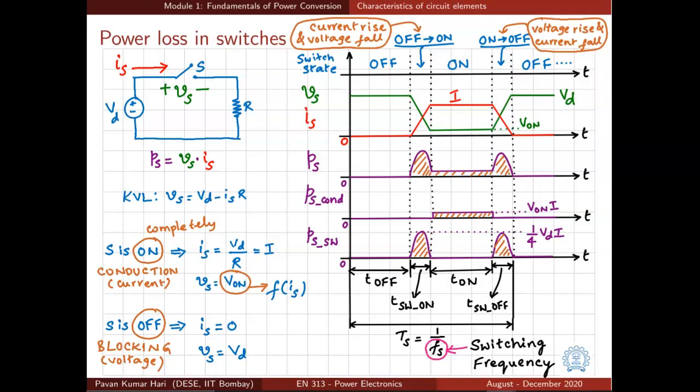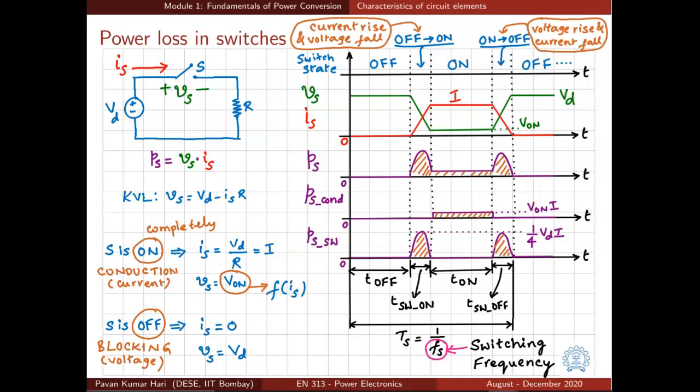Now if we look at the power waveform, which is a product of voltage and current waveform, it looks like this first purple color waveform shown here, Ps, which is the product of Vs times Is. We are multiplying two straight lines, so we should get something like a parabolic shape. That is what is shown here. If you look at the intervals in one switching cycle, which is the duration of Ts, there are 4 intervals.